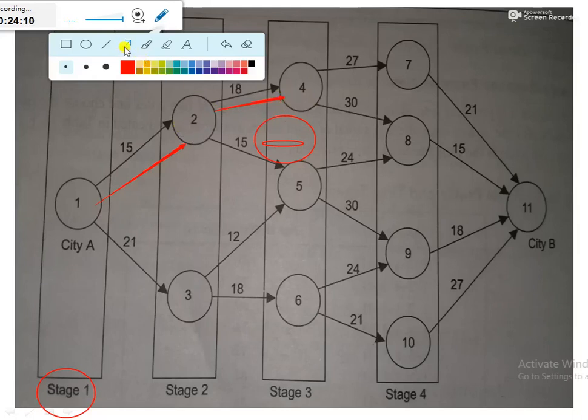These circular points are basically known as the exchange points or exchange nodes, at which the traveler has to change the mode of transportation. So the circles at every stage show the different states or options available to the decision maker. With this information, now we will solve this problem by using dynamic programming.